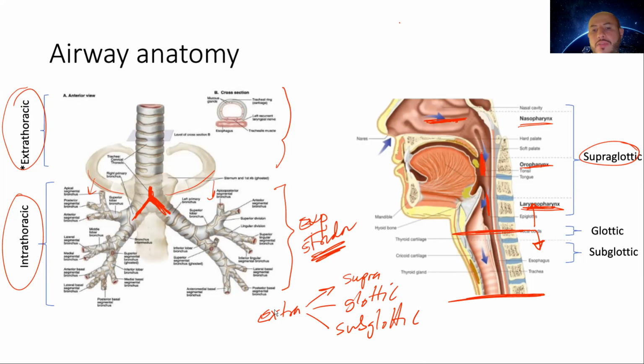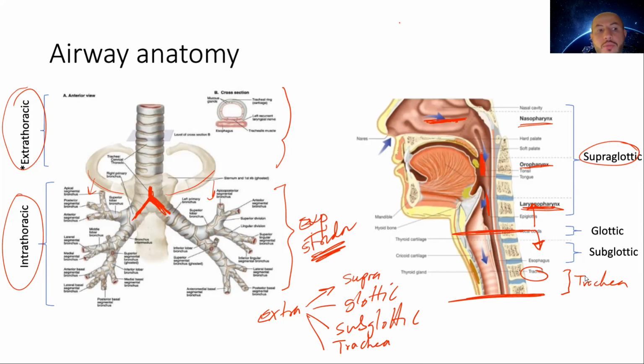Glottic is at the level of the vocal cord, then the subglottic area, and the last part is the trachea that is located in the extrathoracic area.